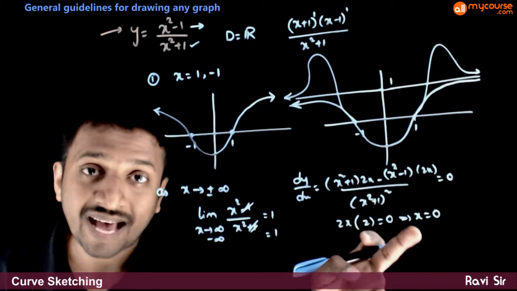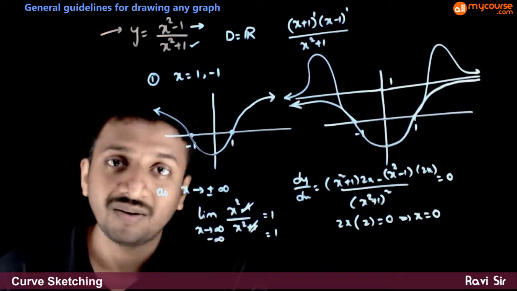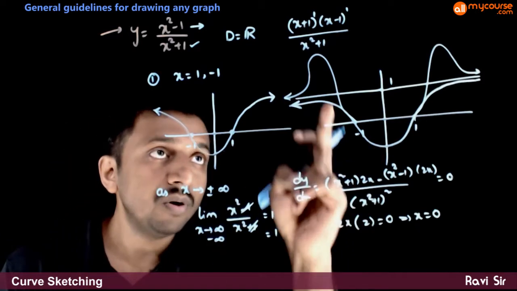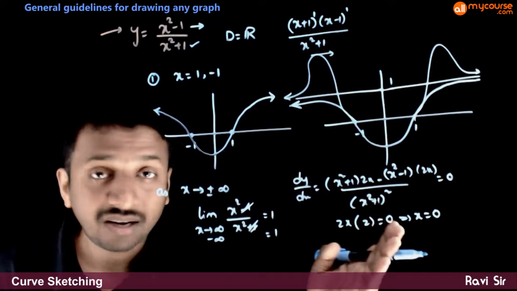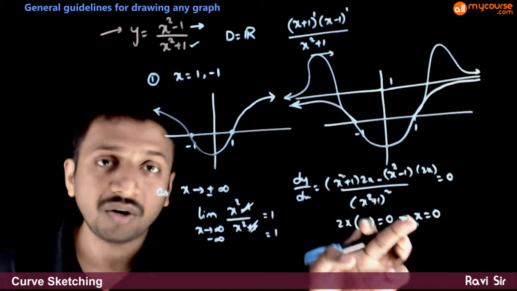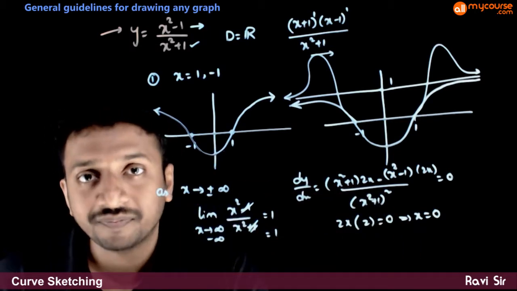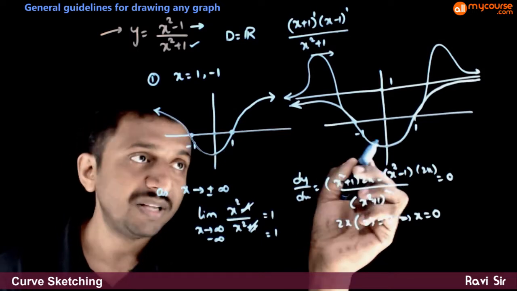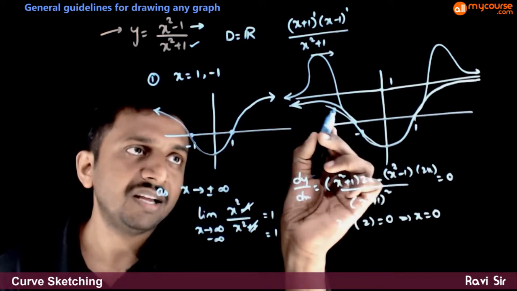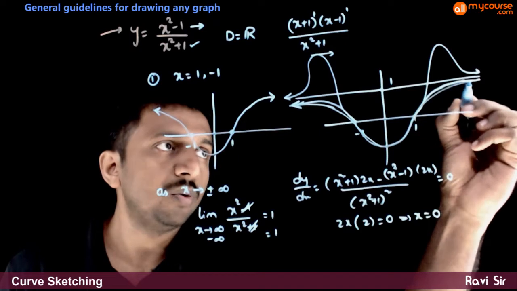That means the curve has a stationary point only at x equals 0. If it went up and came down, there would have to be a stationary point there too. But from the differentiation, only x equals 0 is a stationary point. Hence there is no other stationary point, which means the graph goes straight to 1 on both sides.